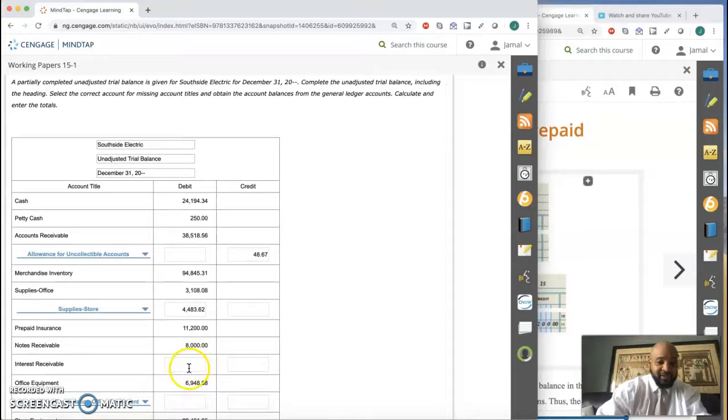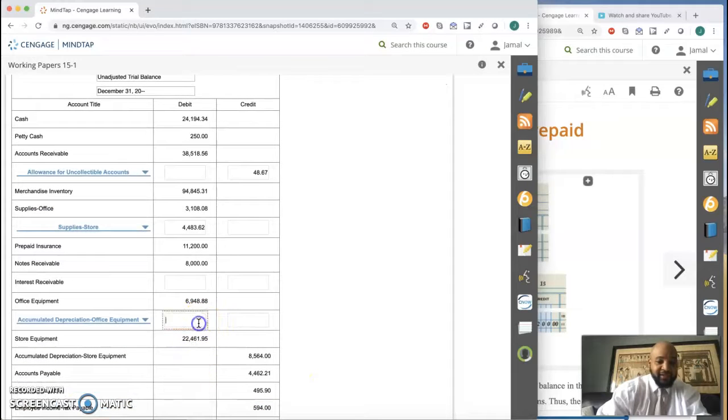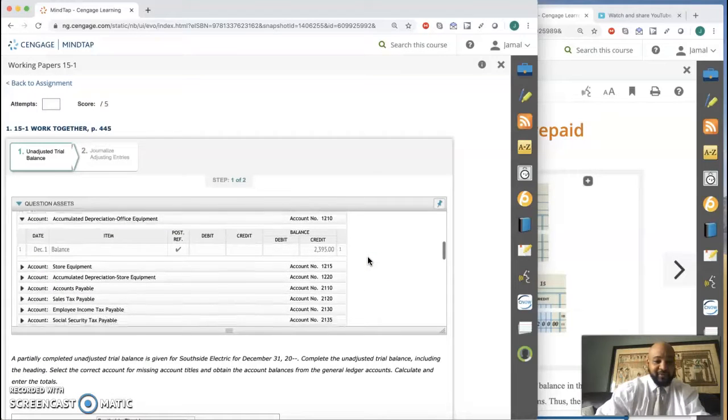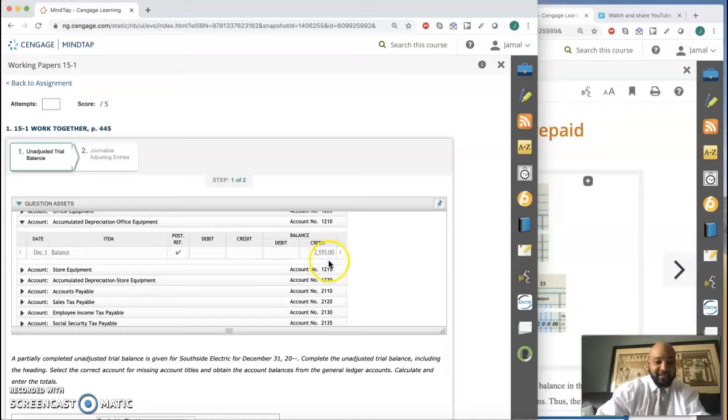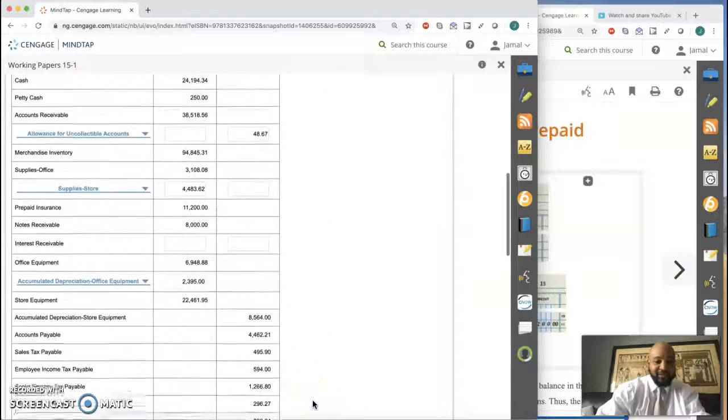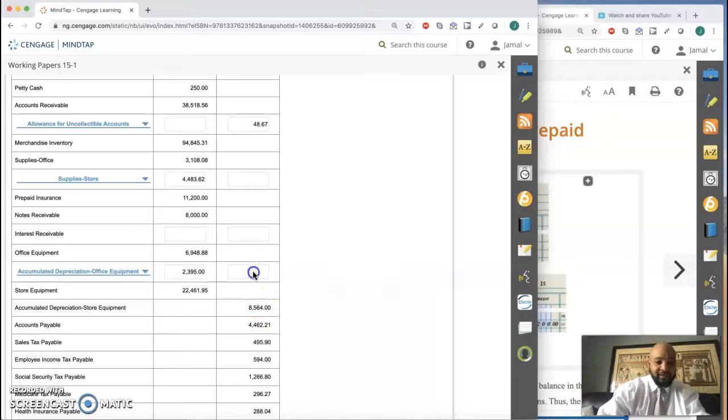I'm sorry, $2,395. Make sure that was a debit. It should have been, that's a credit amount. Nope, that's accumulated depreciation. That was a credit amount, $2,395 accumulated depreciation.